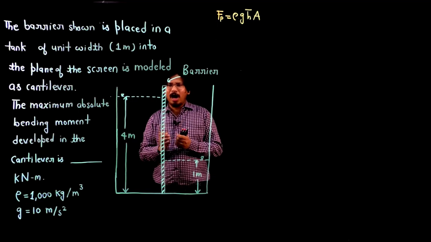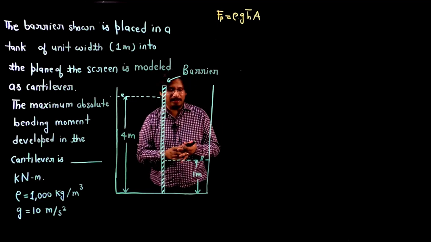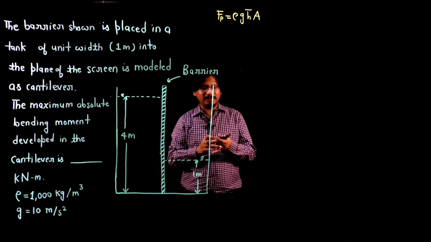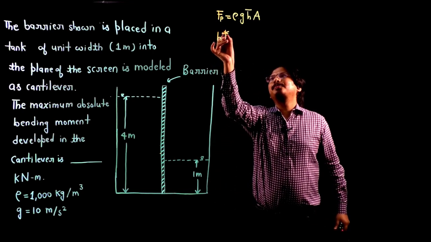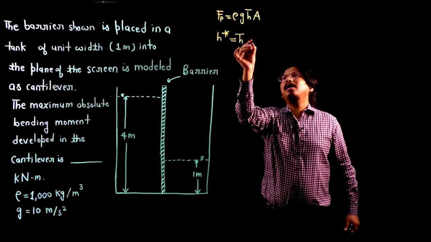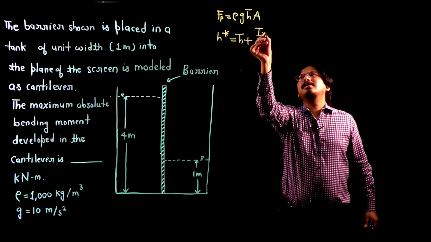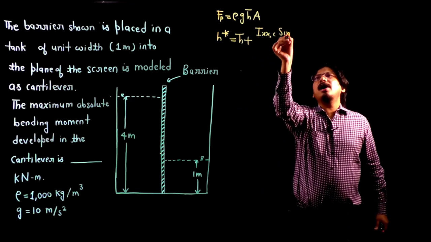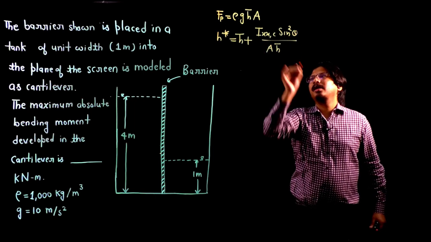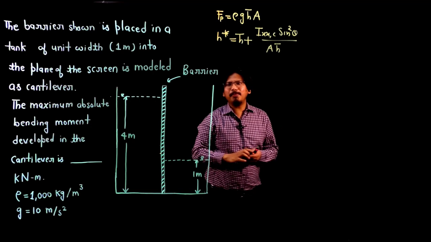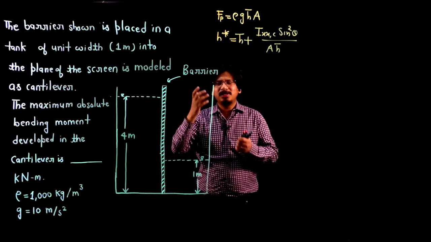Okay. Now how to find the point of application? How to find this perpendicular distance? For that we can use this formula, my friends. H star is equal to h bar plus Ixxc sine square theta upon A h bar, where H star is the depth of center of pressure from the free surface.